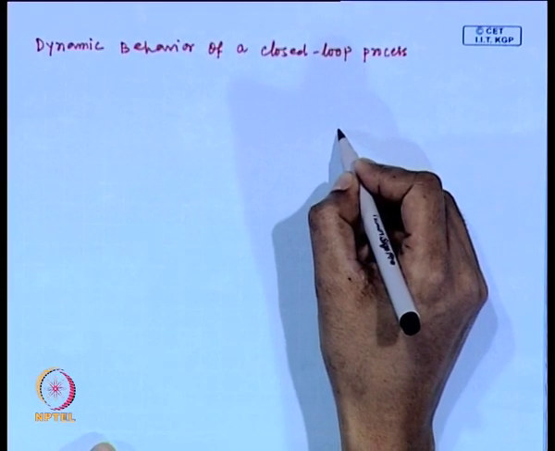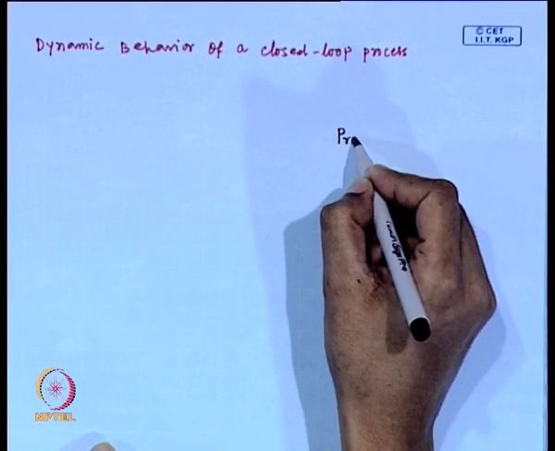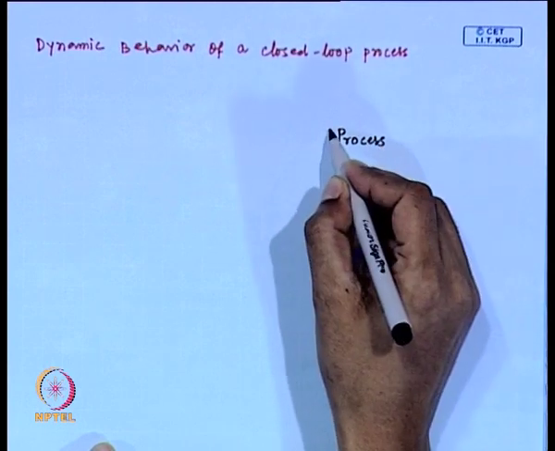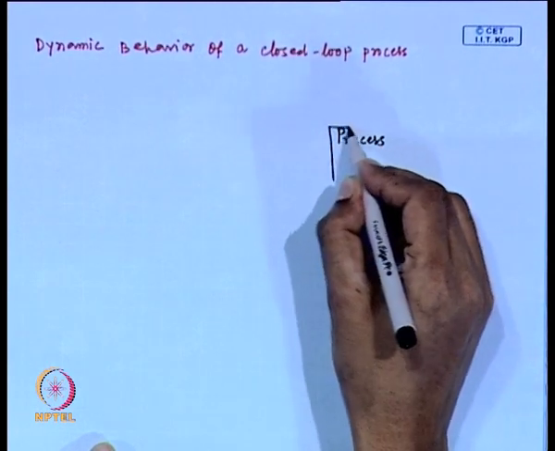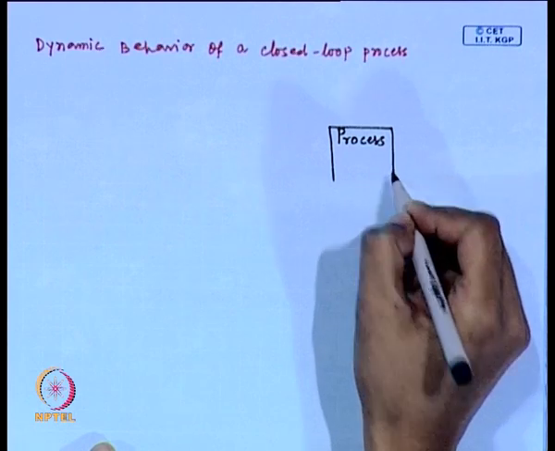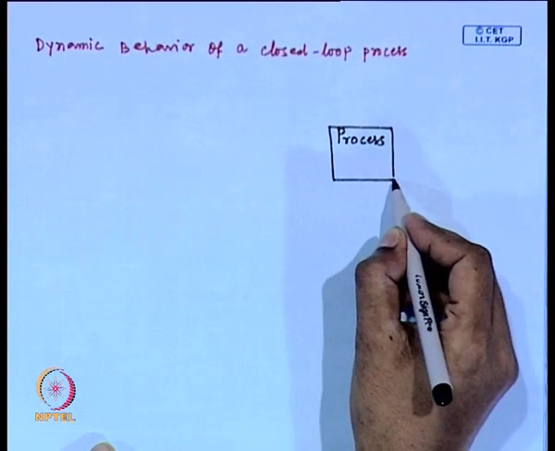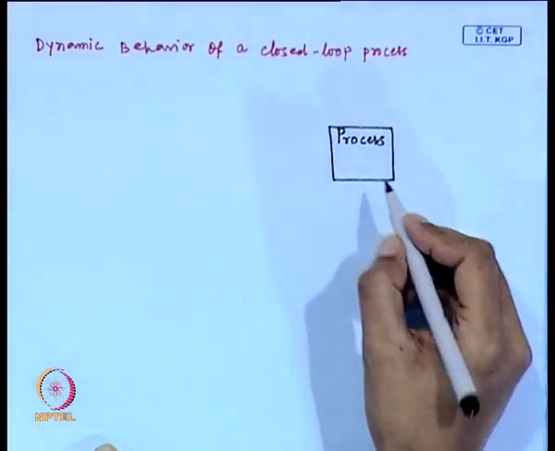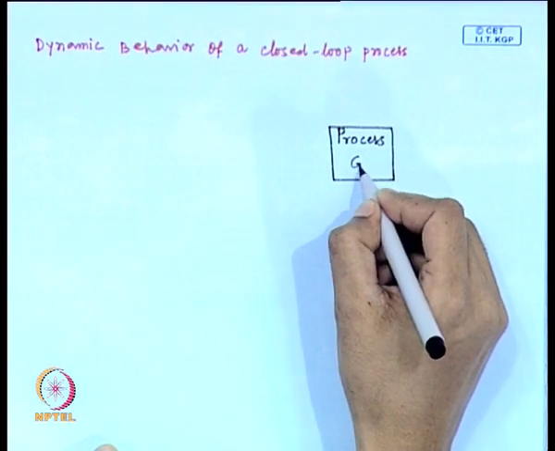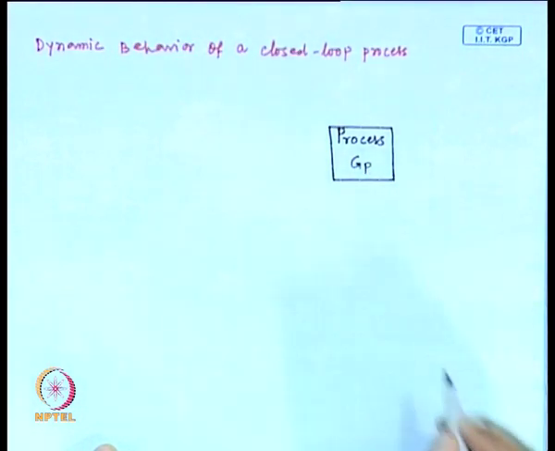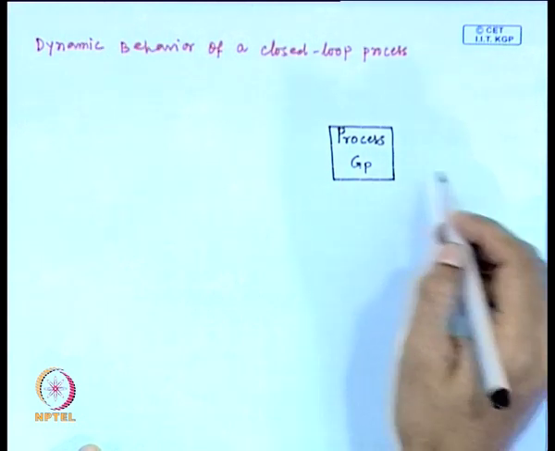So, this block is representing the process having the transfer function of g suffix p.